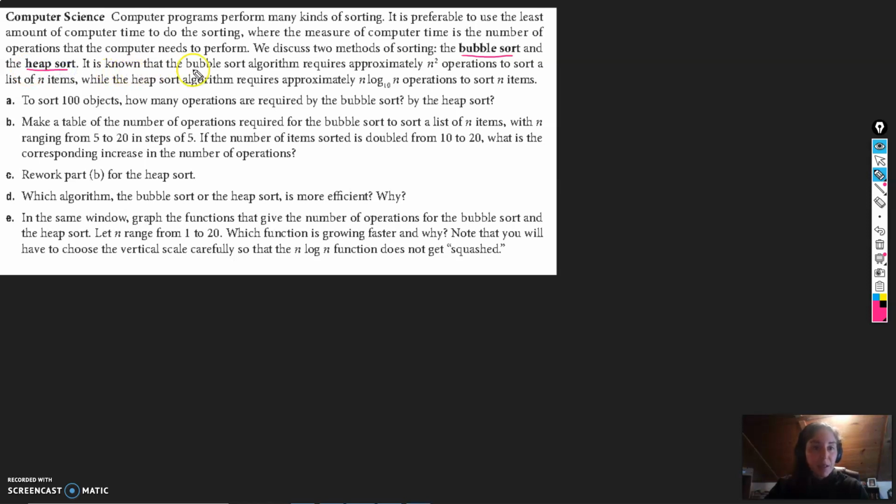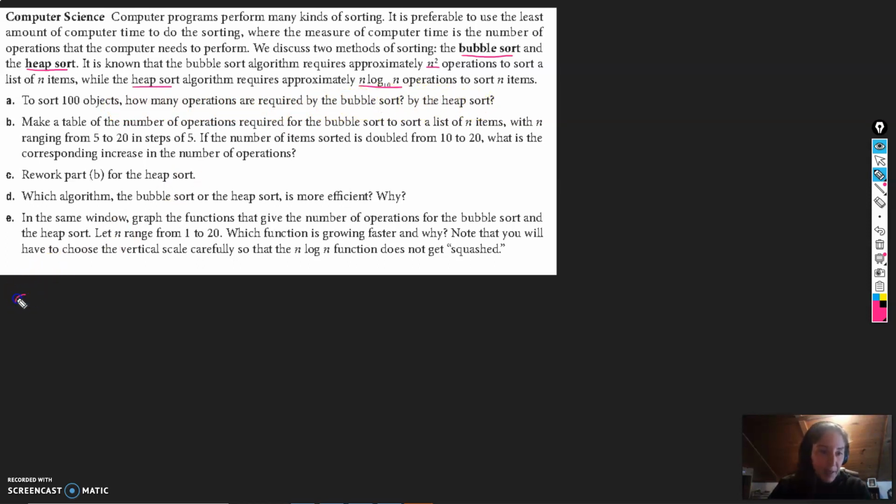It is known that the bubble sort algorithm requires approximately n squared operations to sort a list of n items, while the heap sort algorithm requires n times log base 10 of n, which we're just going to call n log n, to sort. To sort 100 objects, how many operations are required by the bubble sort and the heap sort?